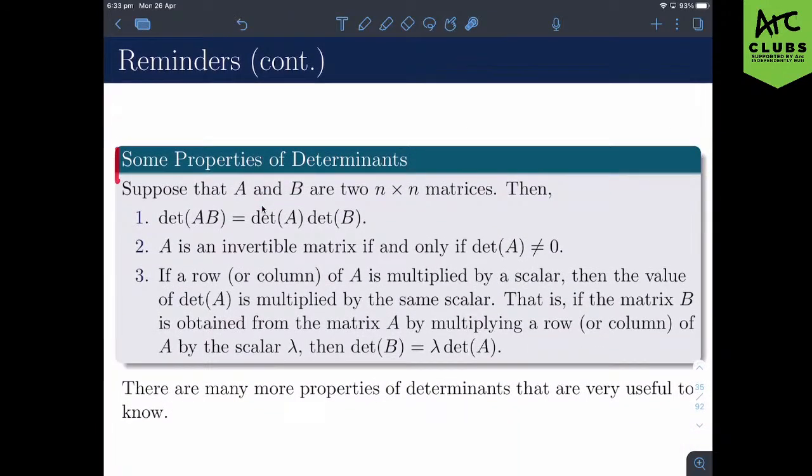These are the really cool things about determinants that somehow, in the most unlikely places, answer the questions, which we'll see later. But yeah, here are some properties of determinants. Once again, this doesn't cover all of the properties that you've learnt in the course, but just the ones we'll be using in our later questions.